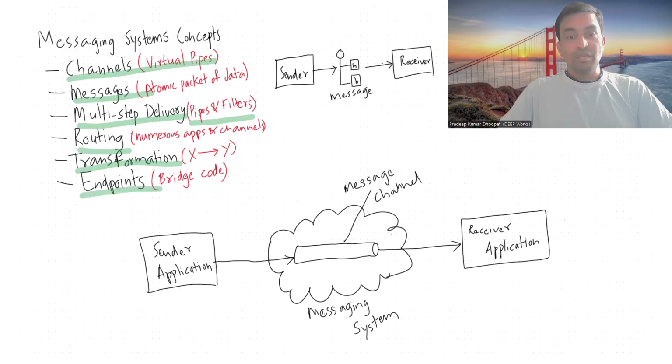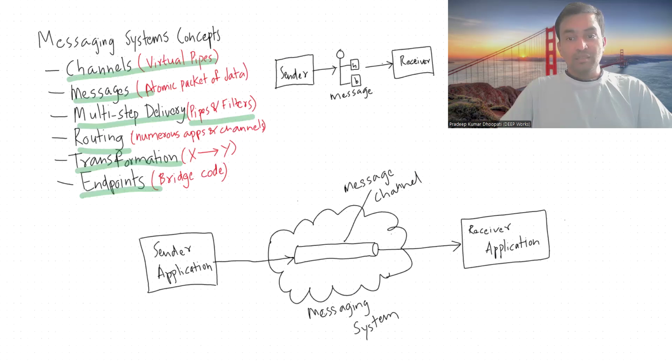Instead, there will be some bridge code, or maybe we can call it integration code, which will know how a sender application works, how a receiver application works, and how a messaging system works. And this integration code is responsible for connecting the sender and the messaging system, and likewise the messaging system and the receiver, so that the integration will become seamless.